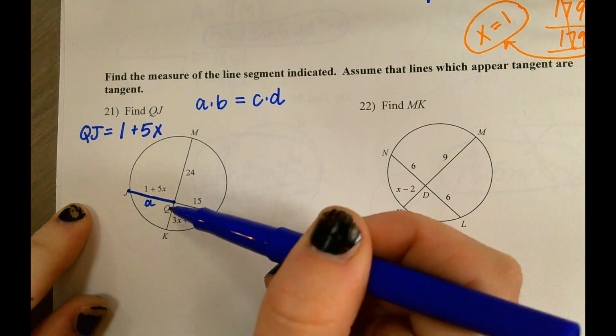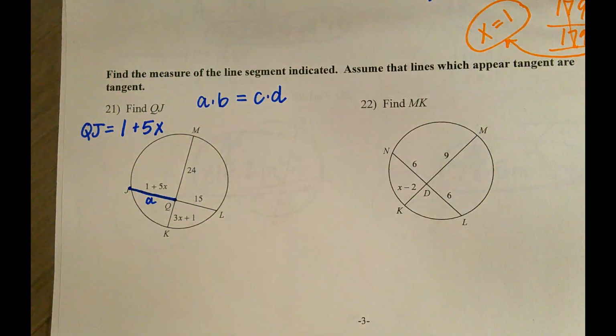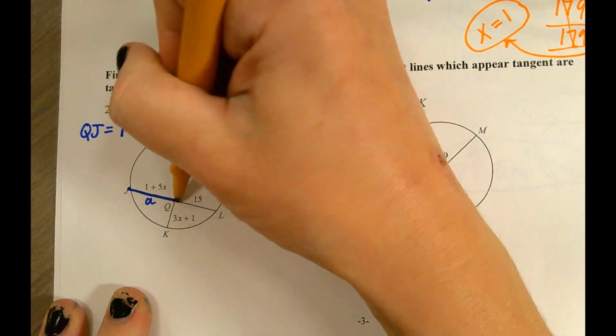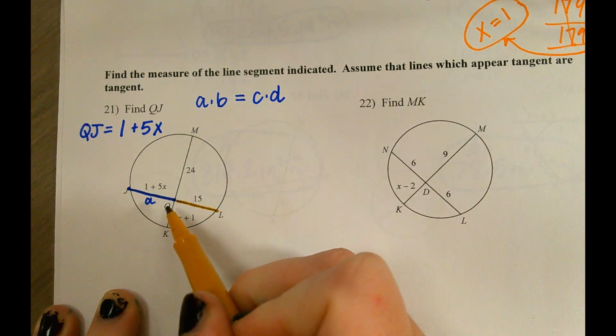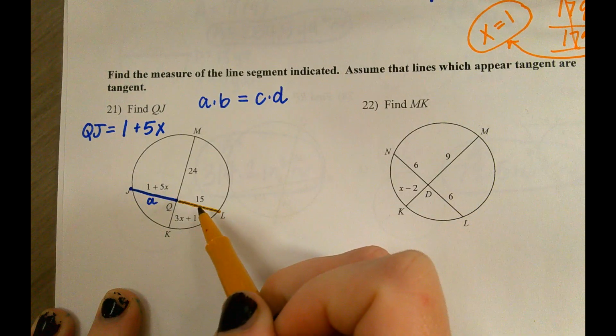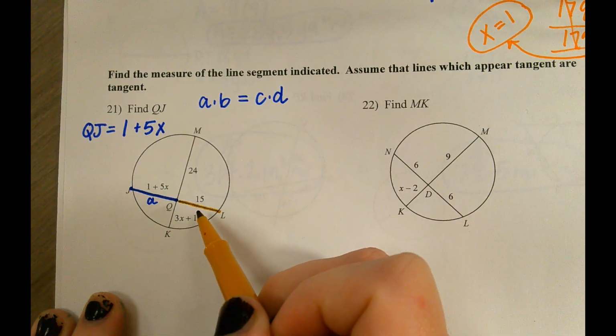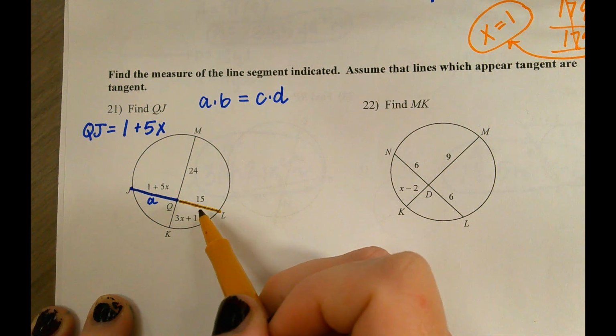Keep going straight, don't go up or down. Whatever is beside that is a different color now. Well, this 15 from Q to L, is this going to be labeled as B, C, or D? What do we think?